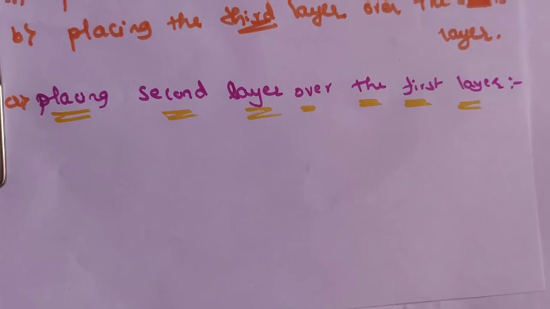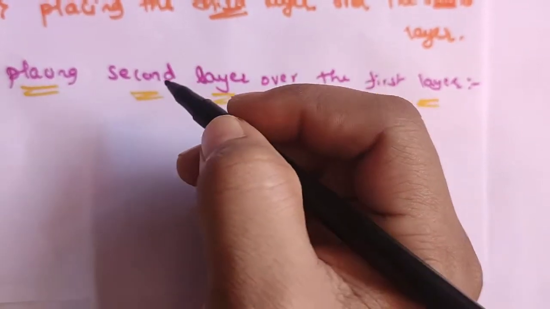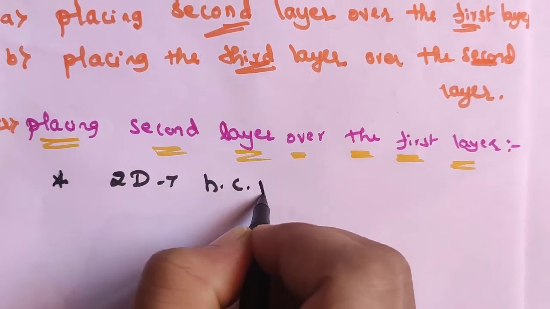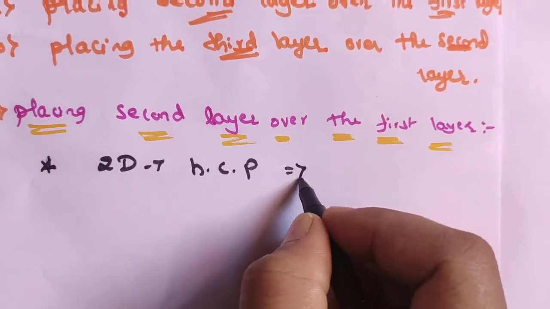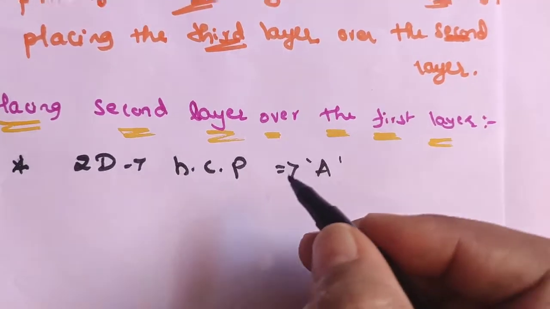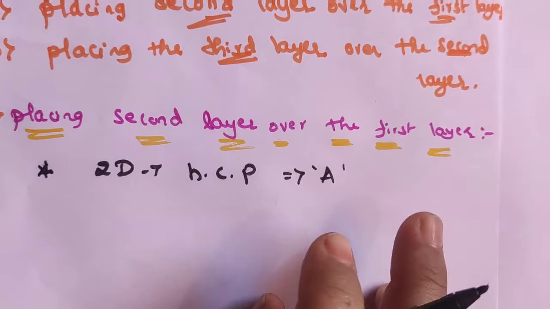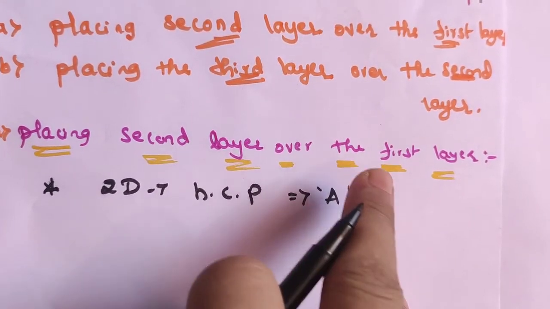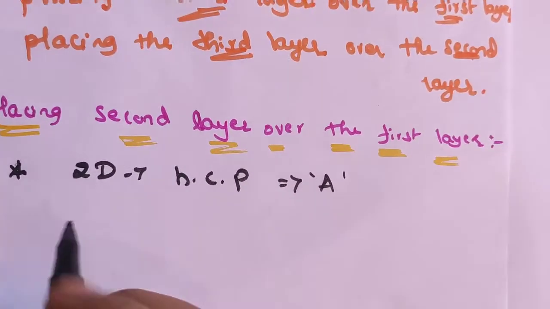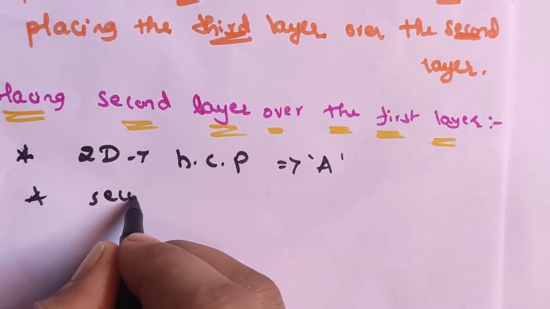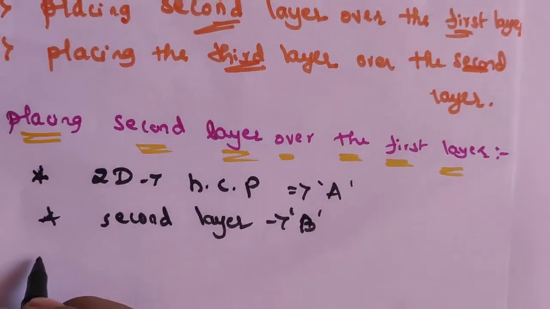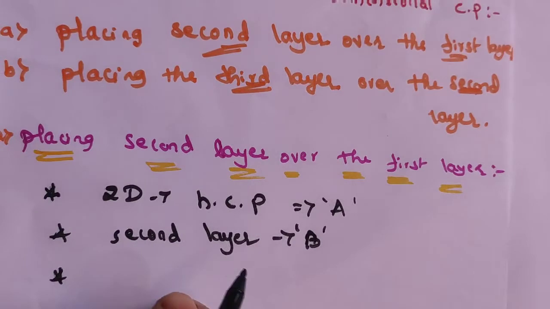Consider a two-dimensional hexagonal close packed layer, that is HCP, and that packed layer is represented as A. Place another similar layer above the A layer such that the spheres of the second layer are placed in the depressions of the first layer. The second layer is denoted as B.